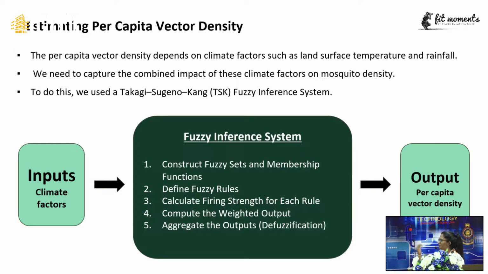This is the process of the fuzzy inference system. Here we use climate factors with time lags as input, and those are the steps we use in the fuzzy inference system. Finally, we get the per capita vector density as our output.